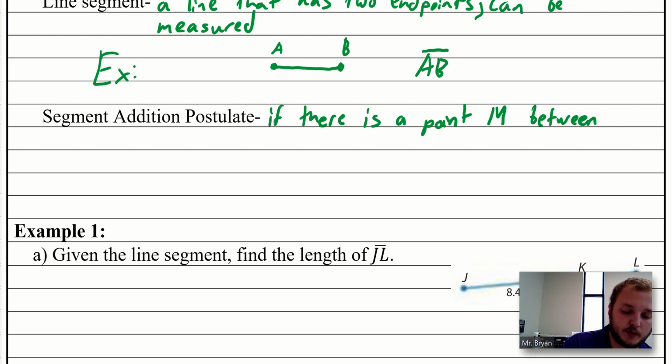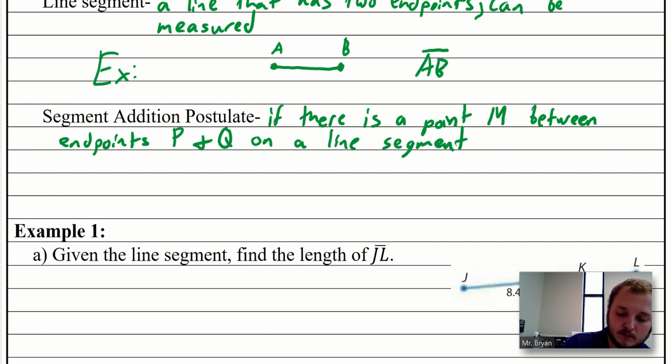If there's a point M between endpoints P and Q on a line segment, and we'll draw a diagram of this in a sec as well, then what we can say from the segment addition postulate is we're adding segments, right?